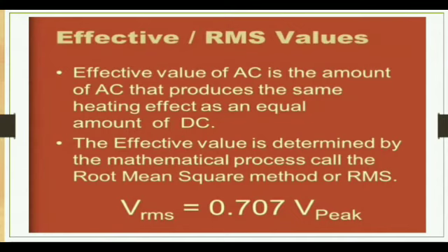And now the effective or RMS value. You should know the value. I'll tell you later exactly what RMS is and how to find the value. The effective value of AC is the amount of AC that produces the same heating effect as an equal amount of DC, but the effective value is determined by a mathematical process called the root mean square method.